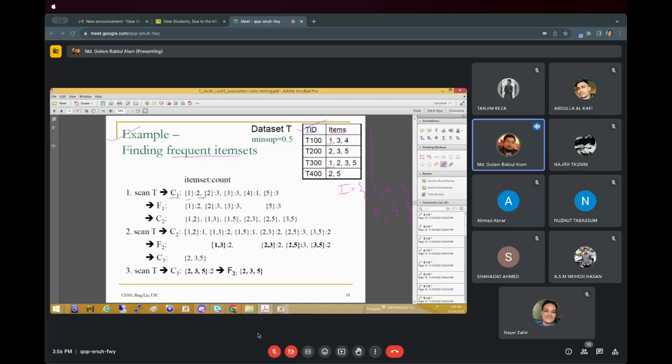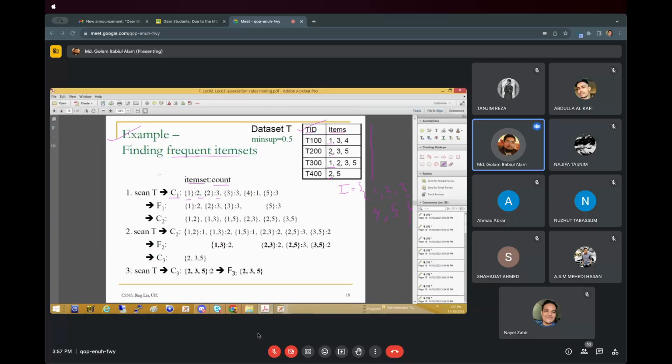That's why it mentions the item set and its count. Next, item number 2 appears 1 time, 2 times, and 3 times. So item number 2 appears 3 times. In this way, item number 3 appears 3 times, item number 4 1 time, and item number 5 3 times.